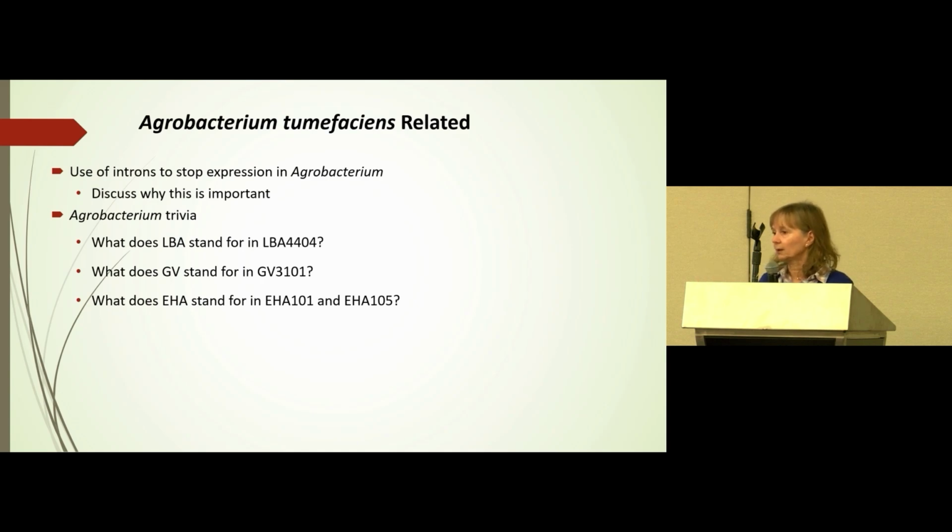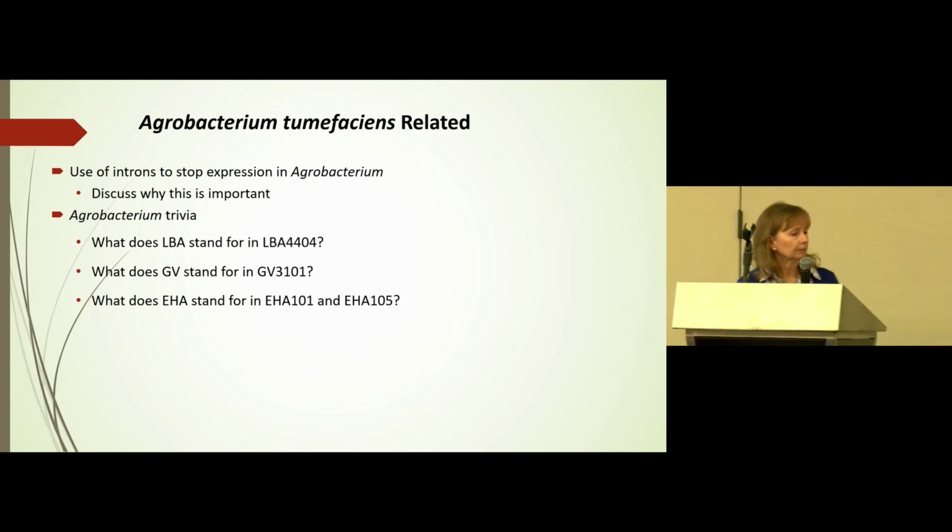We've experienced this as well. But if you use a reporter gene that has an intron in it, that is a better indication that you're actually seeing expression from the plant cells and not from the Agrobacterium. Any comments about that from anyone?